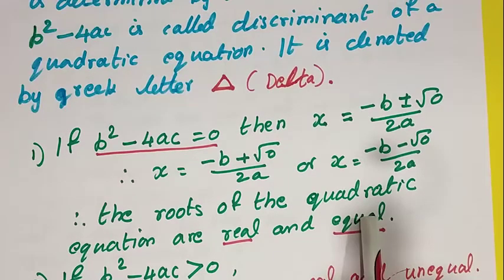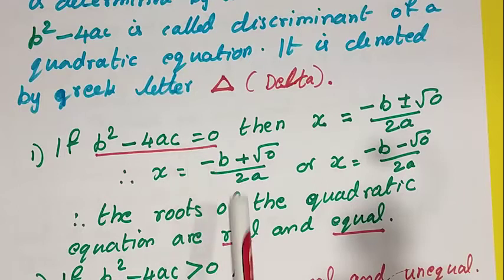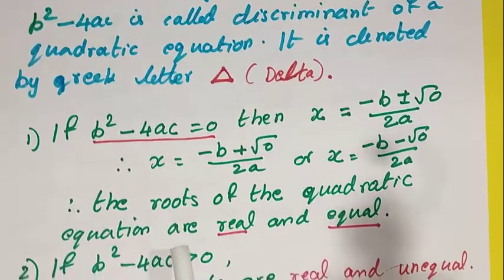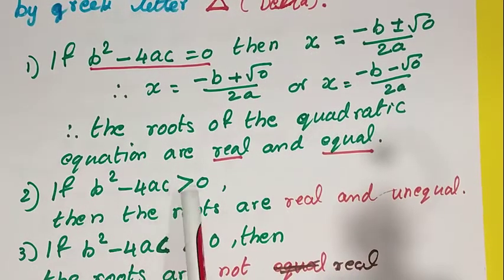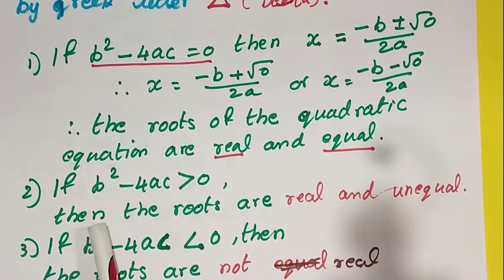So when are the roots real and equal? If the value of b square minus 4ac is 0, the roots are real and equal. Or in case we are told the roots are real and equal, you have to consider b square minus 4ac equal to 0. Next one. If b square minus 4ac is greater than 0, then the roots are real and unequal.